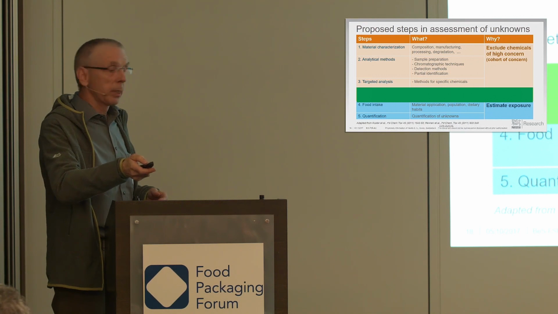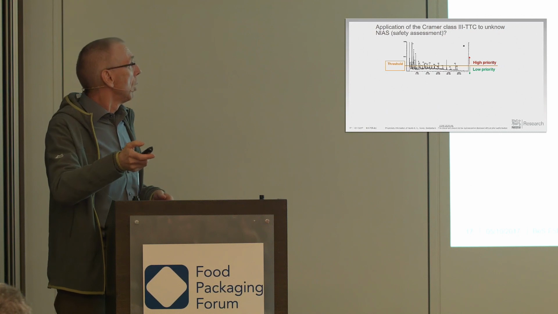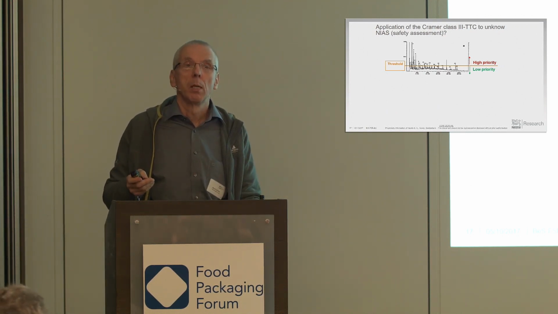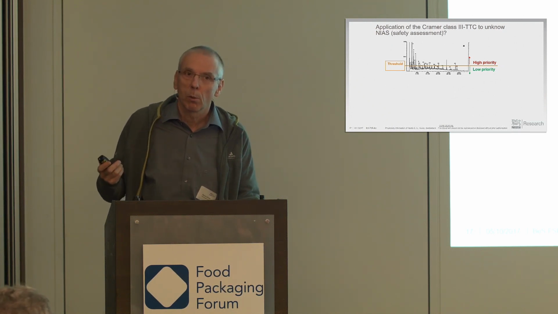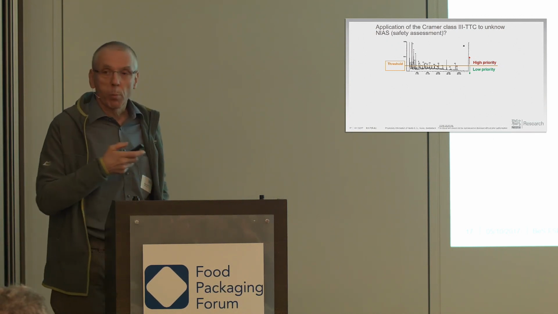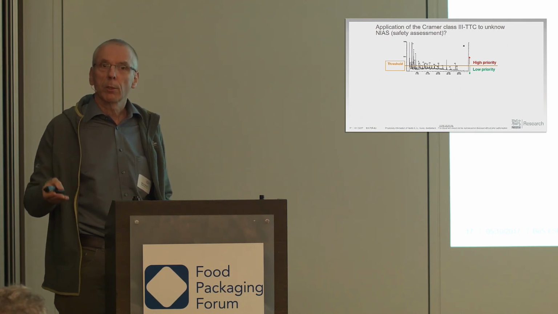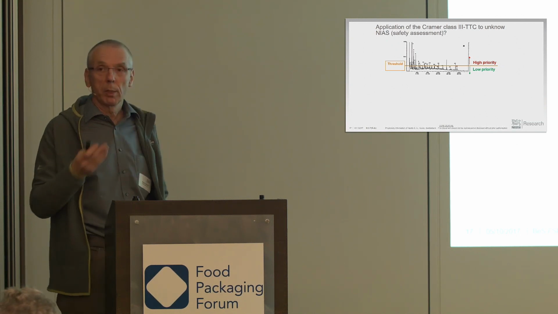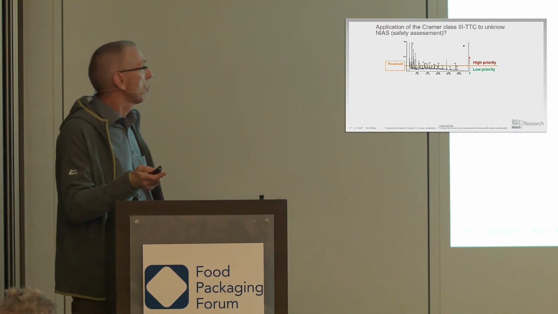It's the application of bioassays in the frame of applying the TTC, the threshold of toxicological concern Cramer class 3, for priority setting for further work on NIAS, which are not chemically characterized. So it's to use the TTC for unknowns. Very provocative, but I think quite promising.